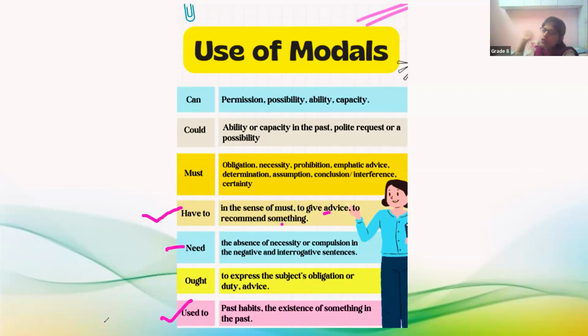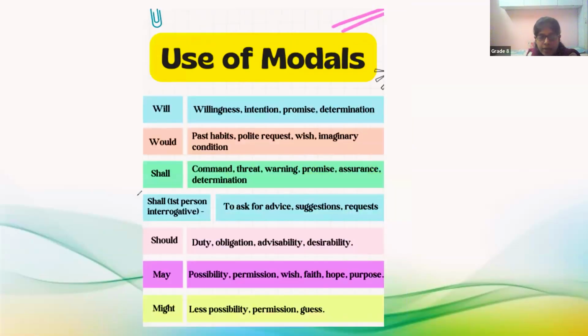He is used to going to the gym every morning. It is a past habit. Get it? These are also considered modals. Few more. The ones we haven't covered, but we all know how they work. Now we have covered all of them.